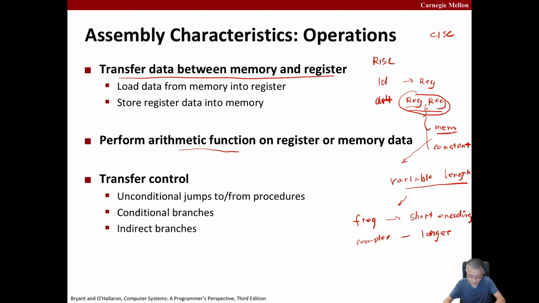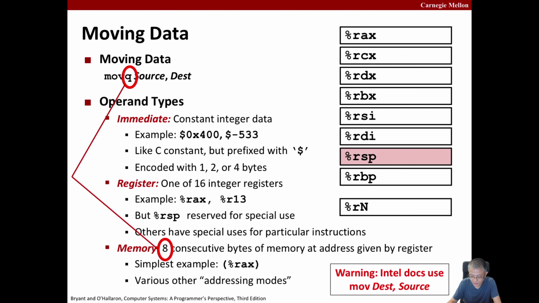Okay. Then we also have branch instructions. We have unconditional branch, conditional branch, and also indirect branches. So here is an example to move the data between the source and the destination.